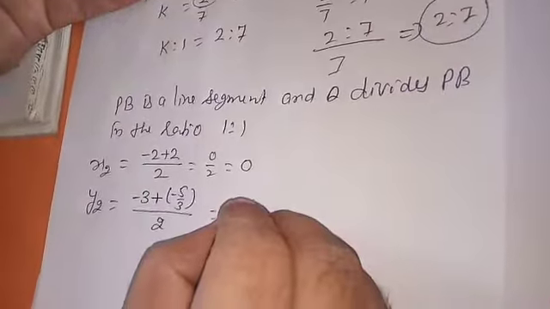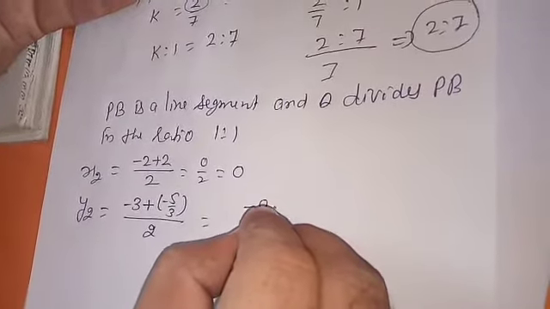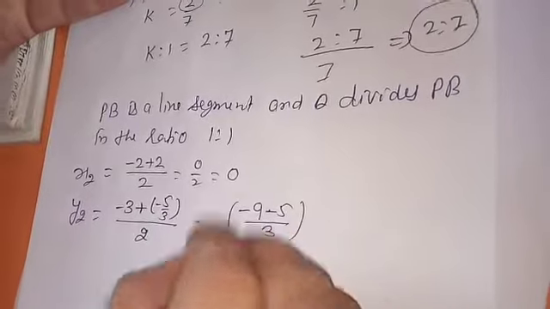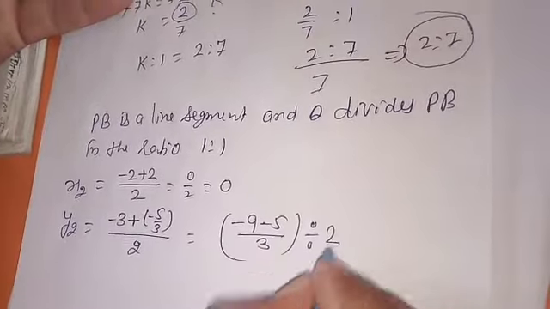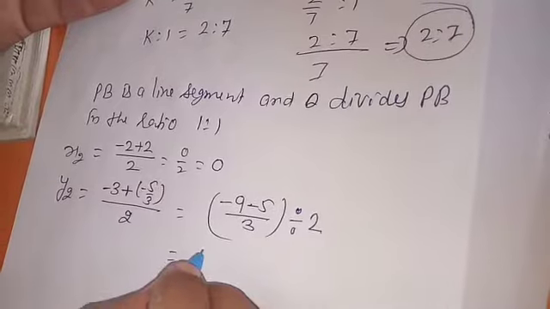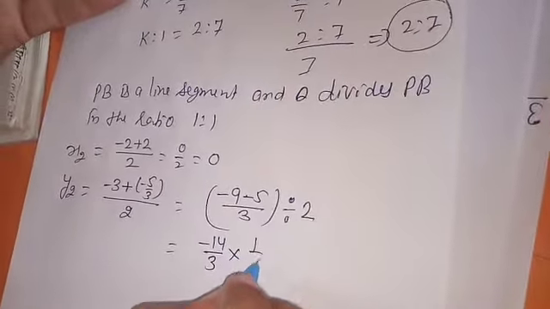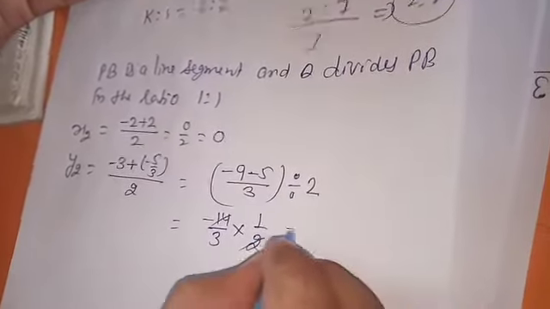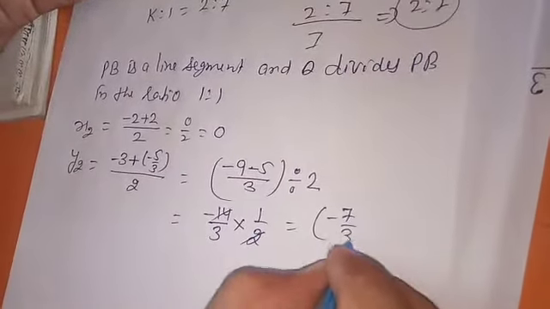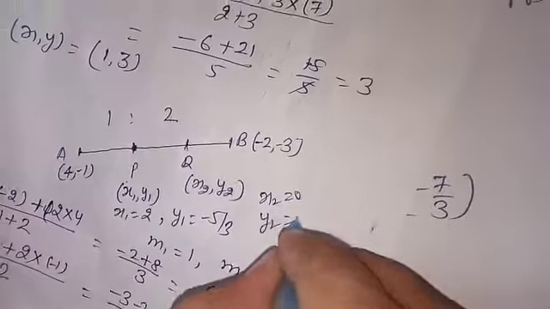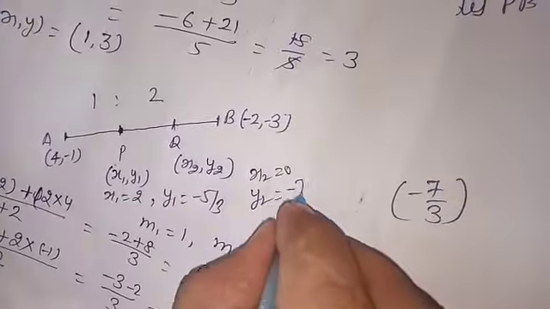So minus 9 minus 5 by 3, and the whole is divided by 2. So this is minus 14 by 3 into 1 by 2, meaning minus 7 by 3. So x2 equals 0 and y2 equals minus 7 by 3.